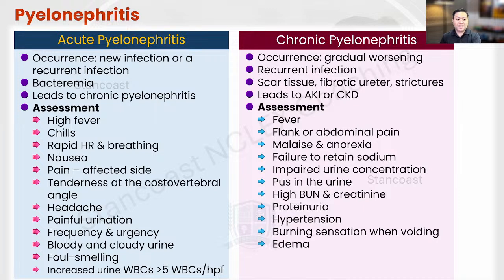Now, the edema. This is because of the impairment of the kidney function, again, the inability to get rid of those toxic waste products. So it can lead to retention of those wastes and also a portion of the fluid. And again, it cannot really excrete some portion of the sodium.